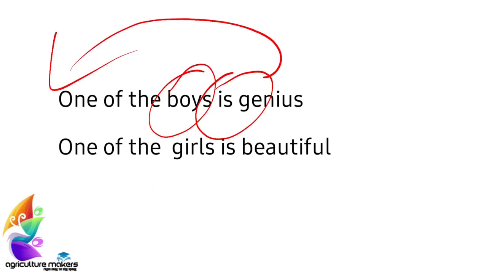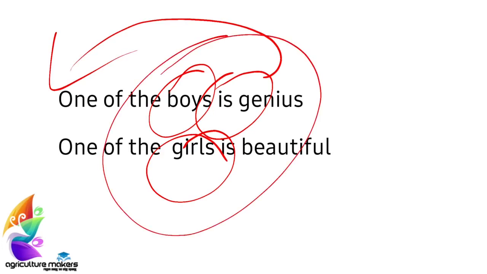So one is singular, so the verb should be singular in nature and it should not depend on the boys or girls, so that kind of subjects. So after one of the, you should write plural, but the main verb or auxiliary verb should be singular in nature. You have to check for both of the things while spotting the error or while doing cloze test or anything.